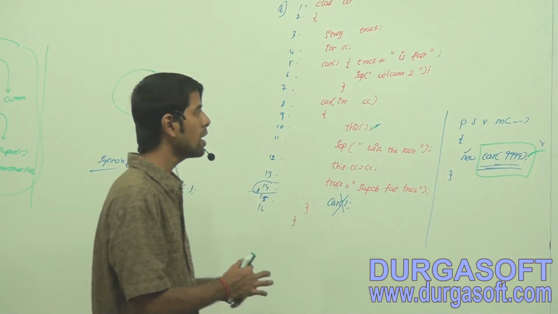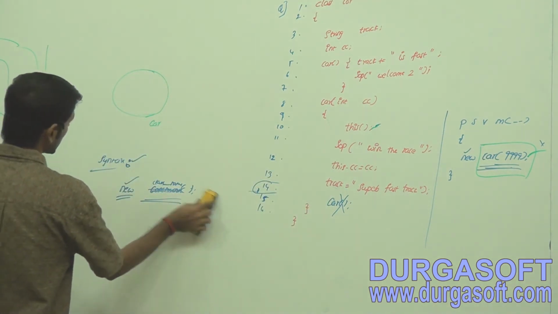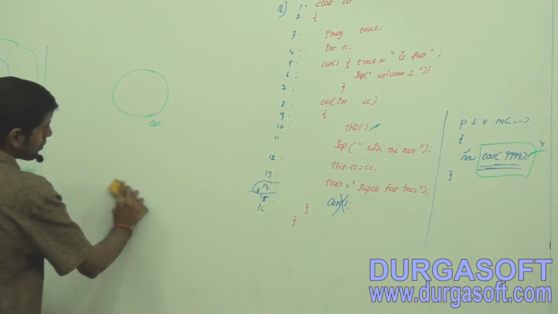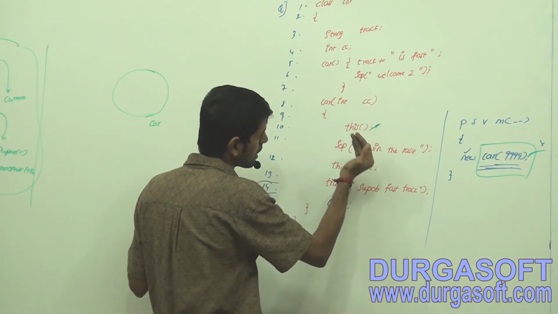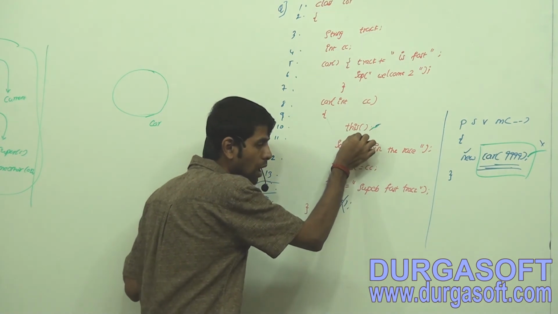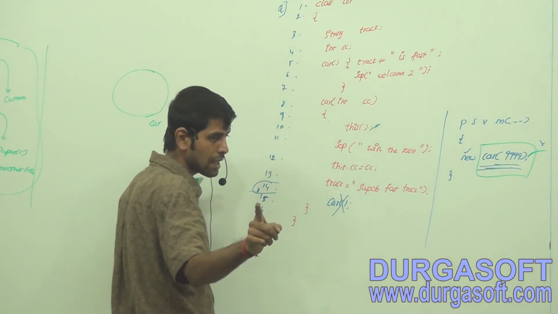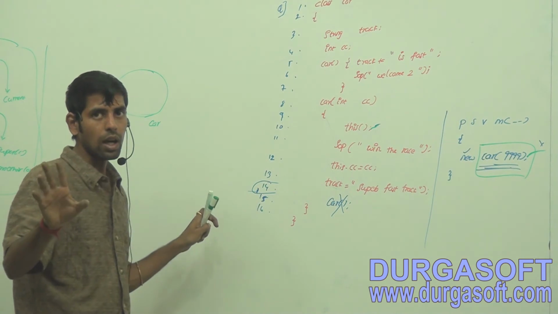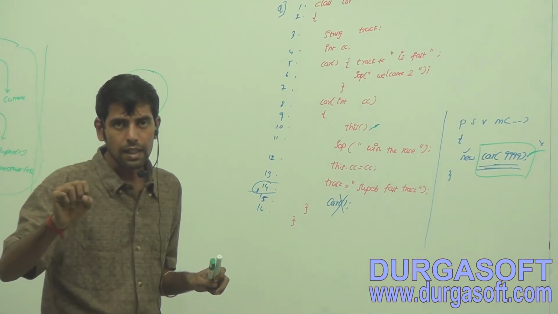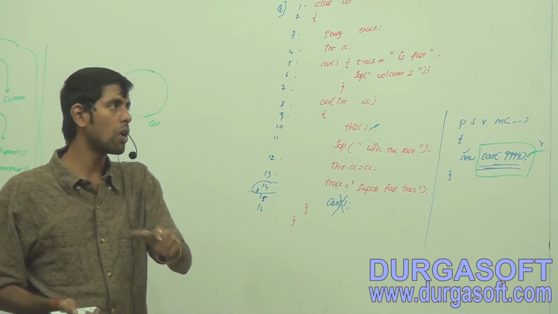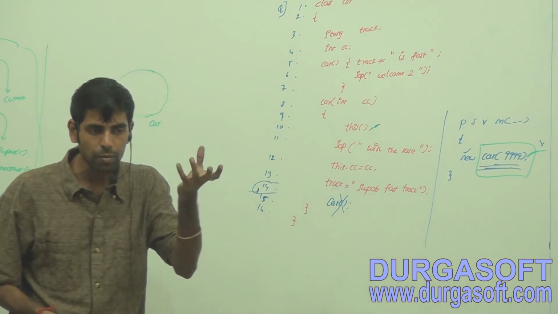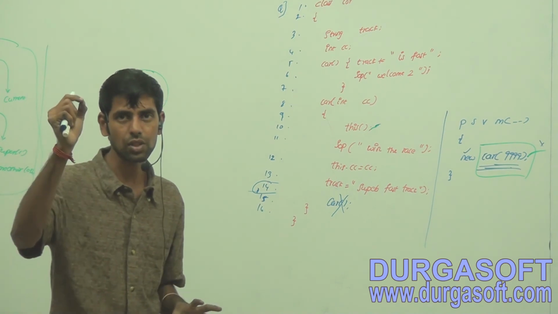Now come to the exact thing. If it is so, what is the output? Now we are calling a parameterized constructor. To call a current class constructor from another constructor, we have to use this, and that too it must be the first statement.